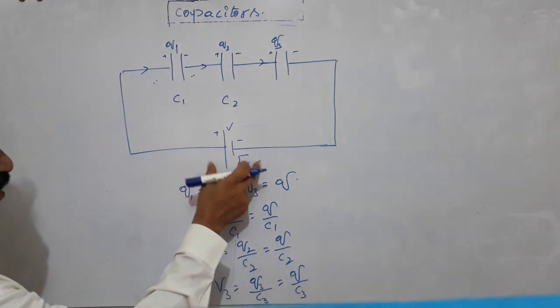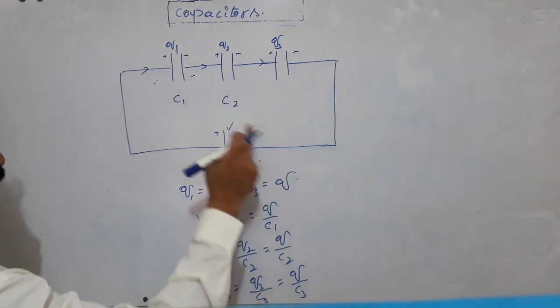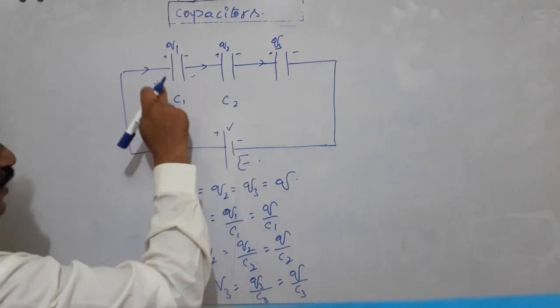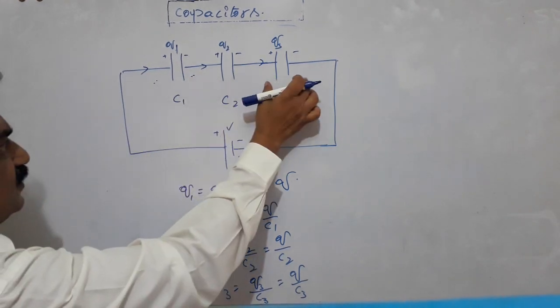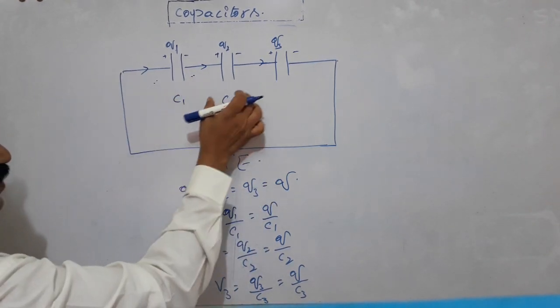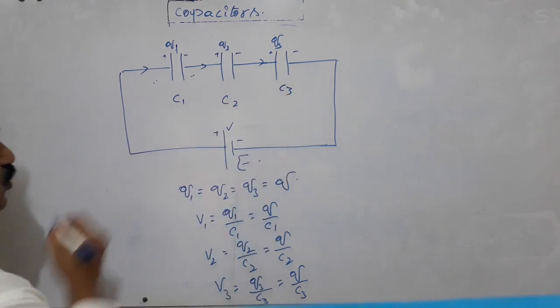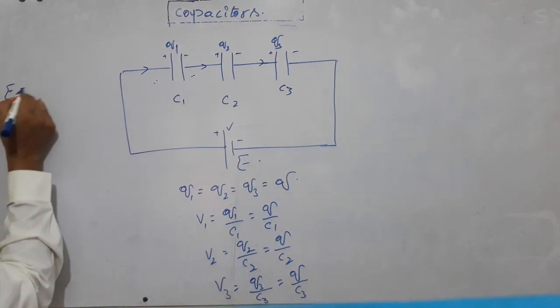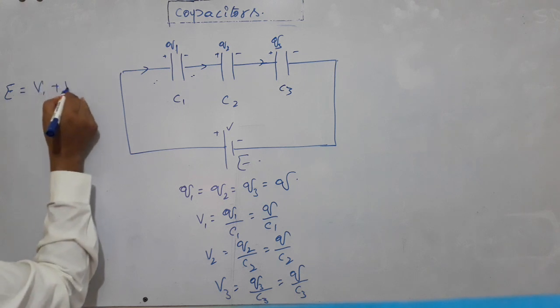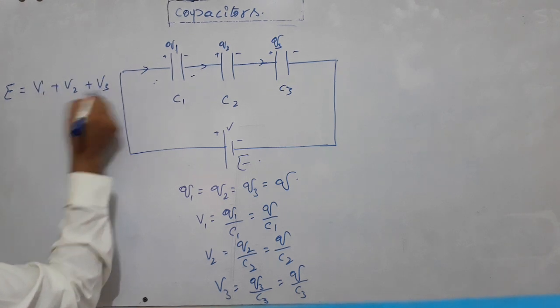The EMF E is distributed across the capacitors according to their capacity, so that the entire EMF supplied by the cell is equal to V1 plus V2 plus V3.